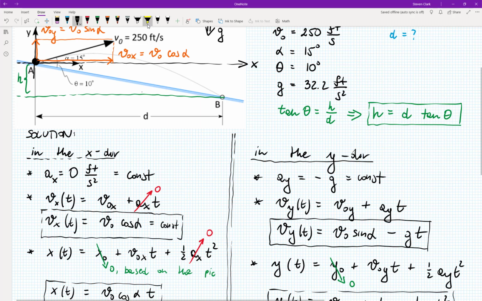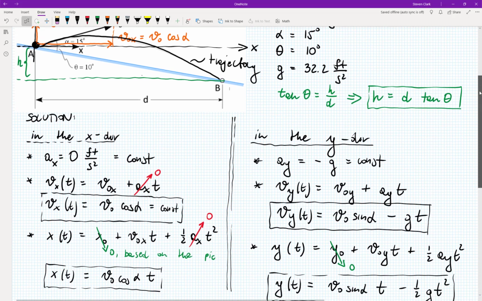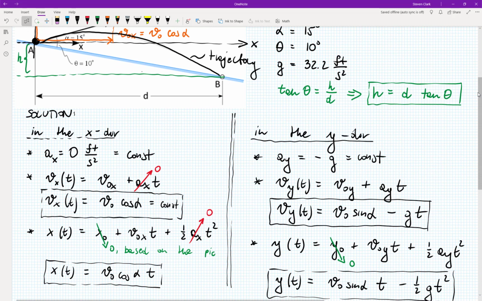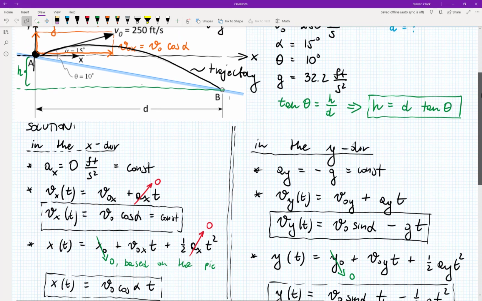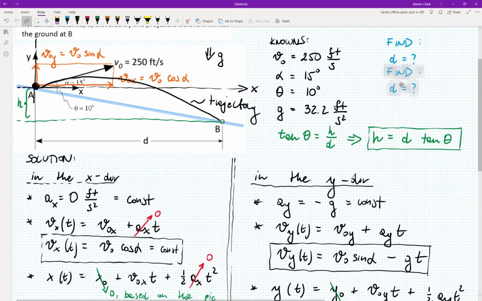You can see this parabola here. So this is our trajectory right now. And these expressions exactly describe that parabola. What do they ask us for? They asked us to find d.